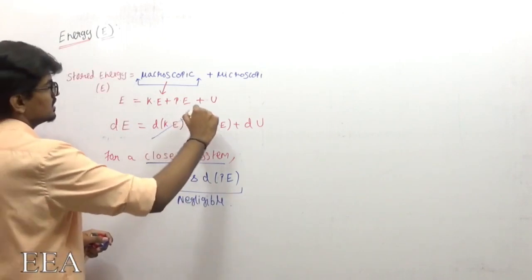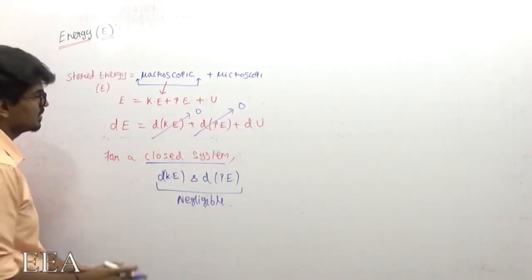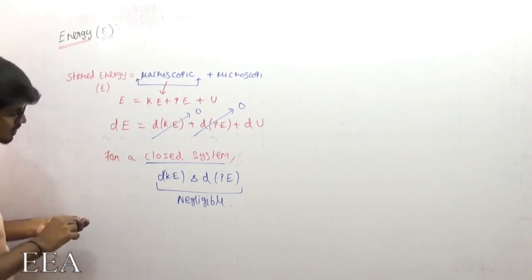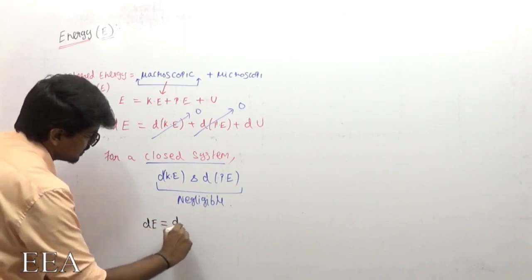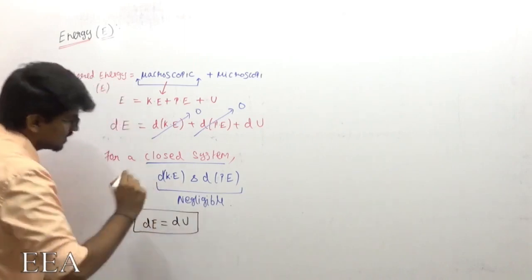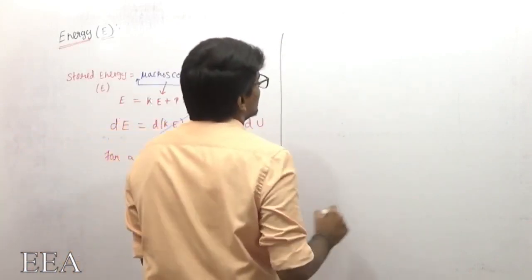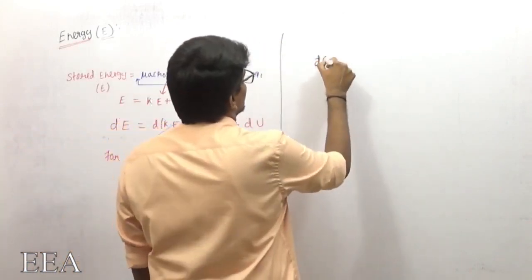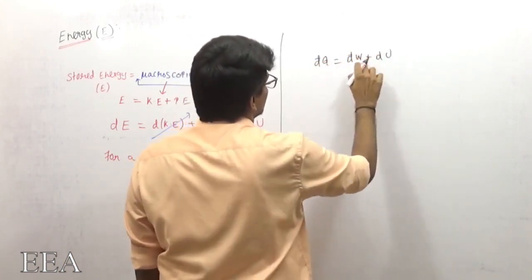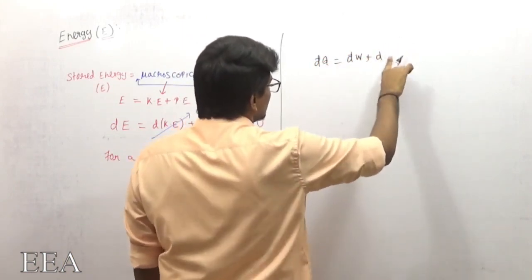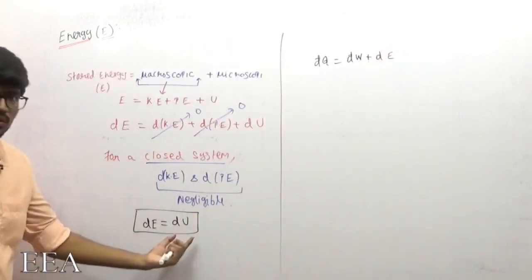So these changes are 0. So dE is finally the change in internal energy. Now what happens to our first law of thermodynamics for a process? δQ is equal to δW plus dE, and we got dE is equal to dU.